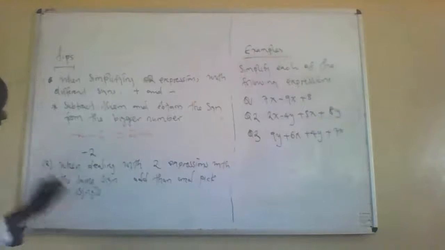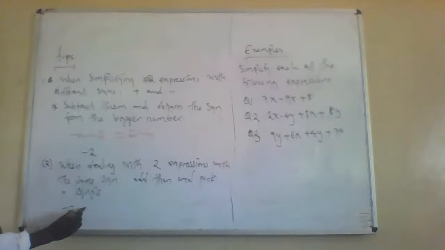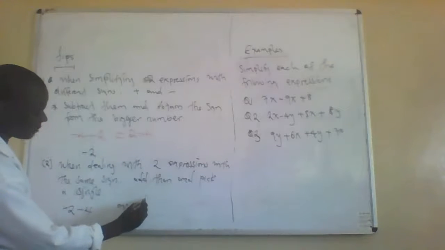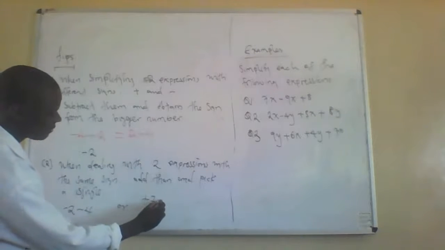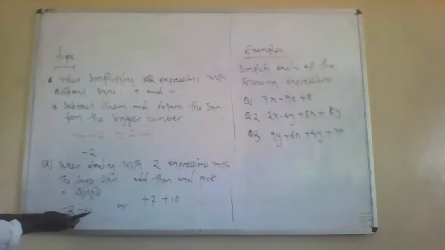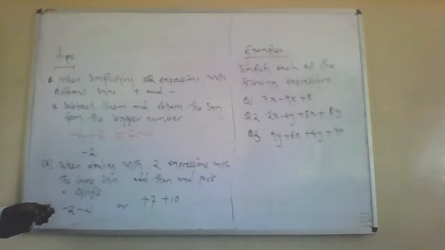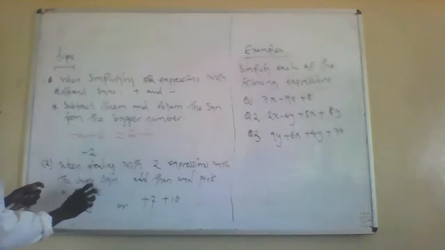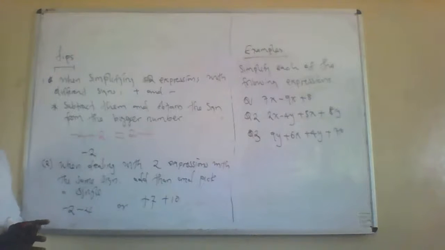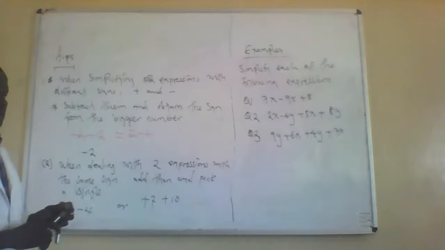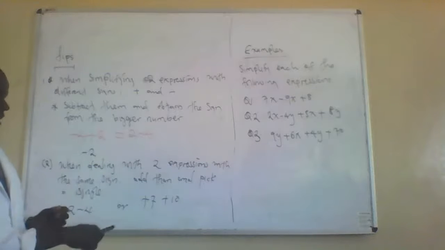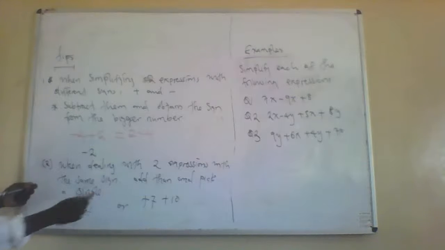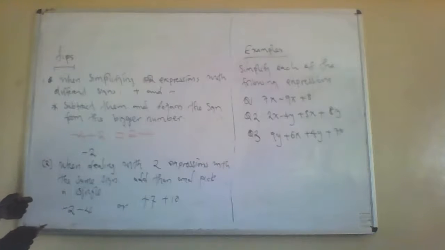What example can you look at? When you have -2, -4, or +7, +10, both terms have the same signs. Like the statement is saying, we're dealing with two terms that have the same sign, so add them, regardless of whether the sign is negative or positive. We add them and then just pick a single sign.